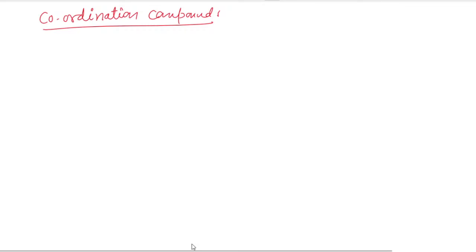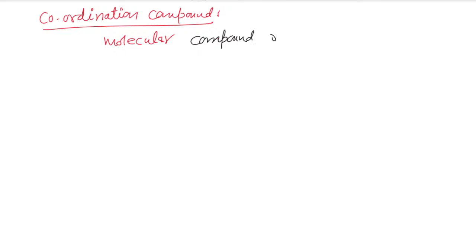Actually, coordination compounds are molecular compounds resulting from the combination of two or more stable compounds.